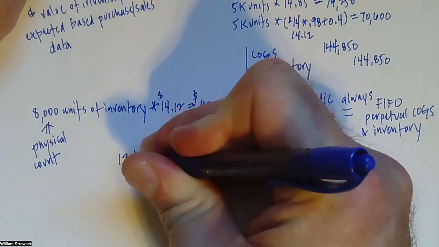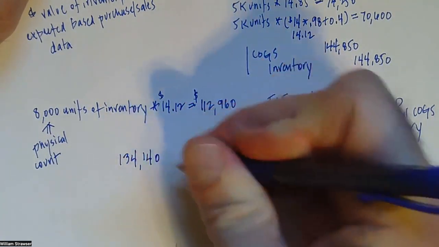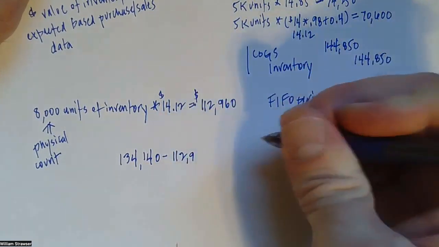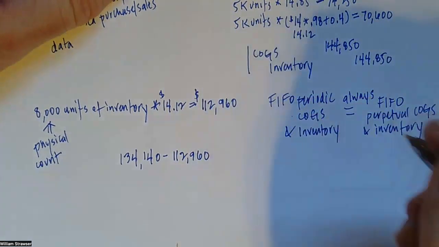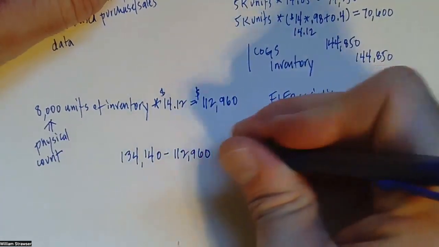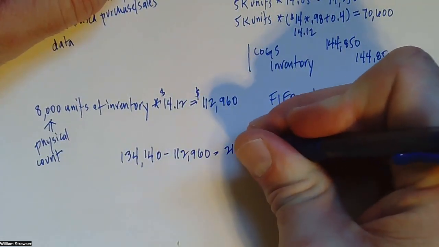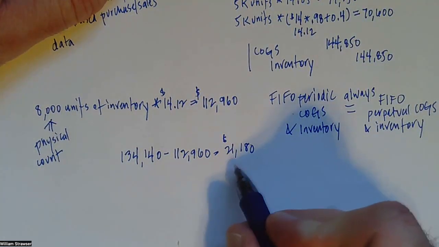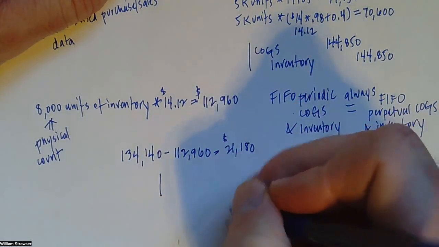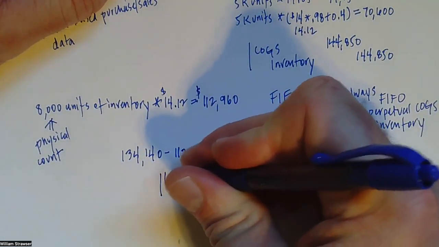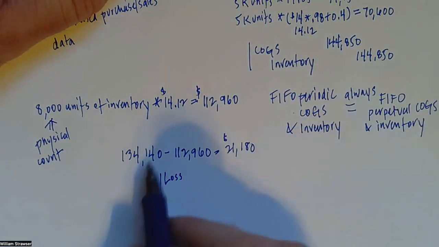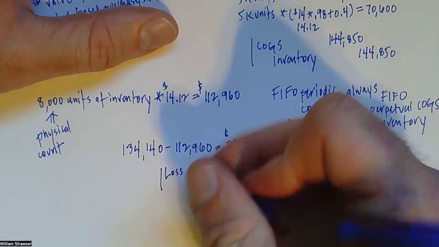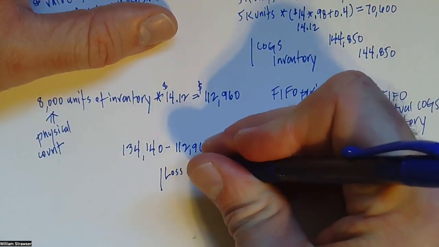We had the amount that was in our ledger for inventory, our expected amount, and then we had the amount we calculated after we did a physical count of units and applied our cost flow method. Then that's 21,180. That's the difference of those two numbers. So essentially, we're missing $21,180 of inventory, which is a pretty big loss considering we only have 134,000 that we expected. So it's a pretty large percent of our total remaining inventory.